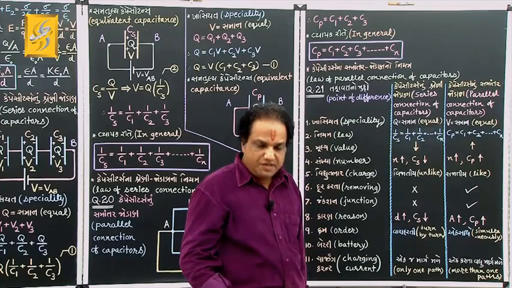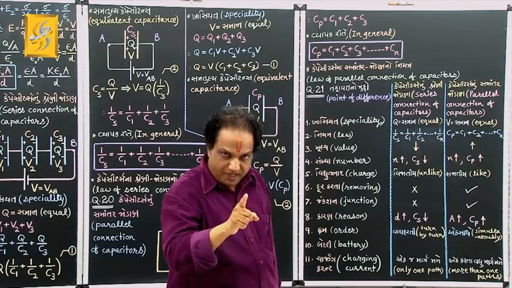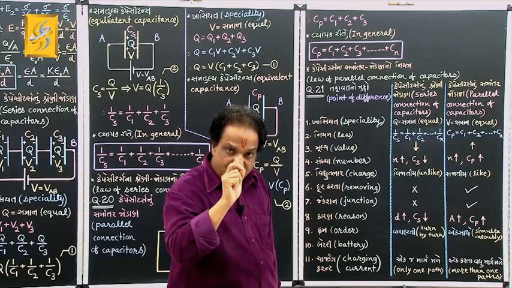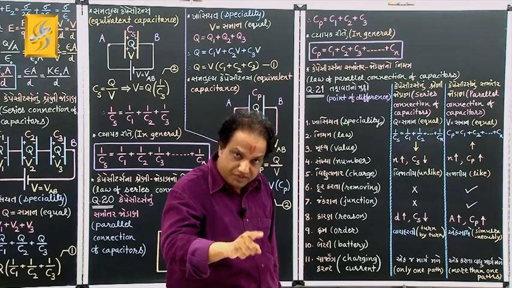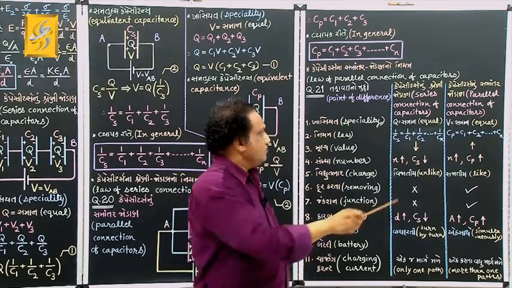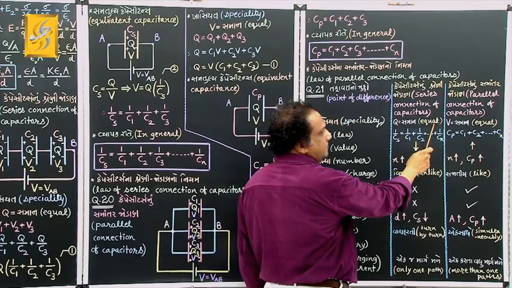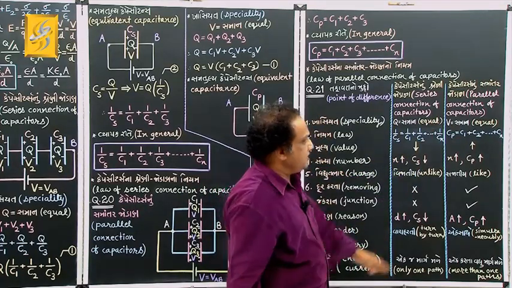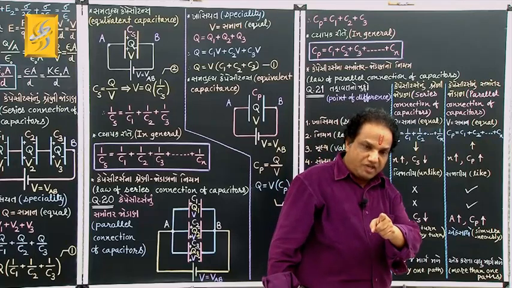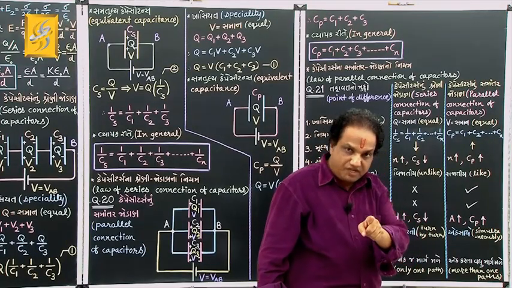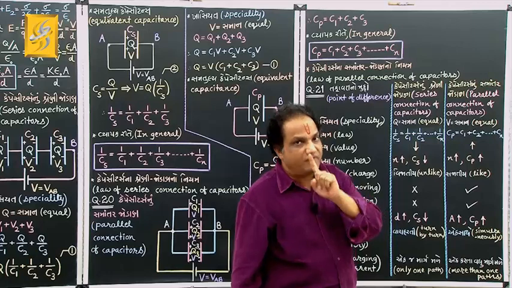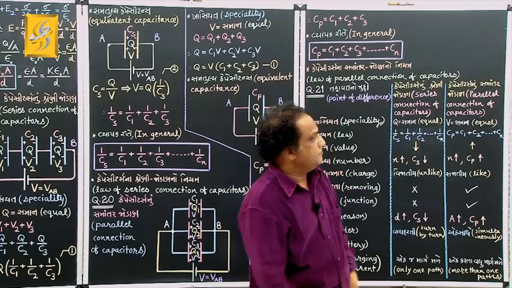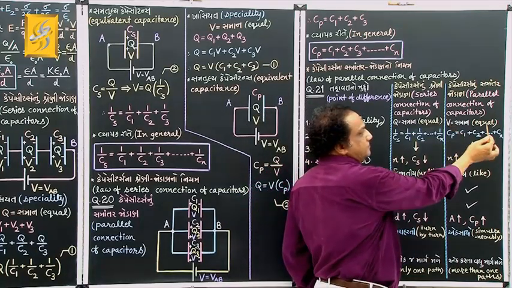Just now I said, irrespective of value of capacitance, the amount of electric charge deposited on each capacitor is same. That's why I am writing Q is equal. Correct? What is the speciality here? Irrespective of value of capacitance, the potential difference between two plates of every capacitor is same. So V is same. Correct?